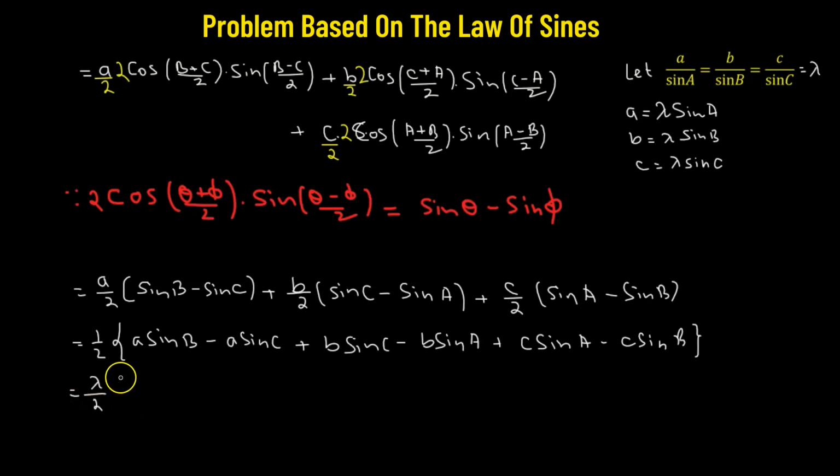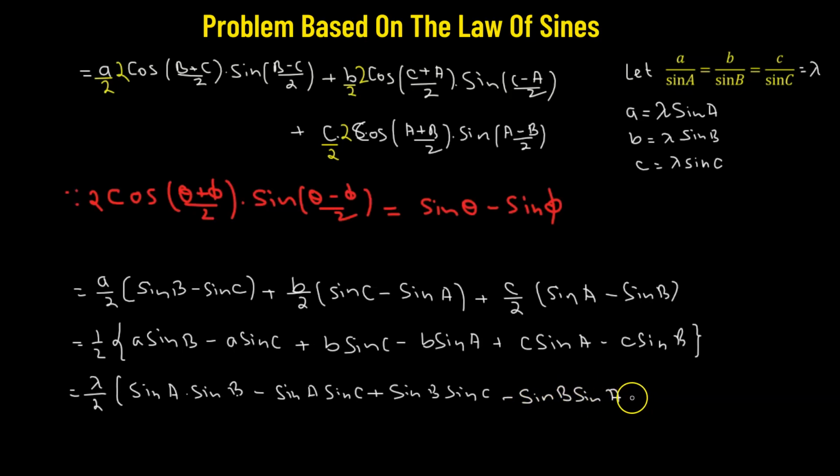So we have lambda over 2 multiplied by sine A times sine B minus sine A times sine C plus sine B times sine C minus sine B times sine A plus sine C times sine A minus sine C times sine B. Right.